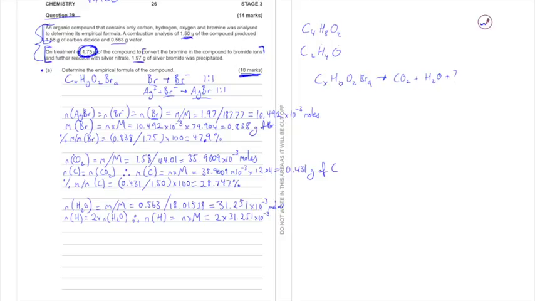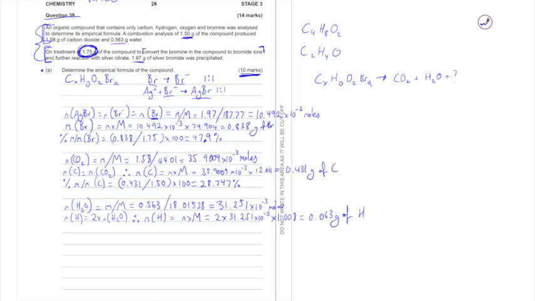So if I have 31.251 by 10 to the minus 3 moles of water, I have 2 times that moles of hydrogen itself. Then I'm going to multiply the moles of hydrogen by the molar mass of hydrogen, which is 1.008, and this gives me 0.063 grams of hydrogen.